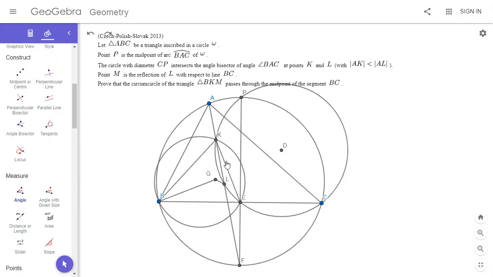So BG is perpendicular to KE. And EG is perpendicular to BK.